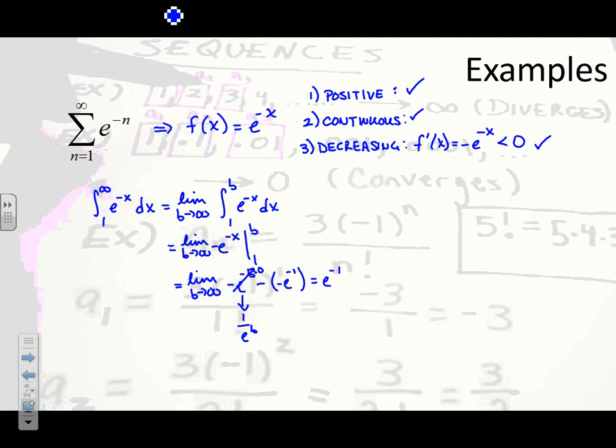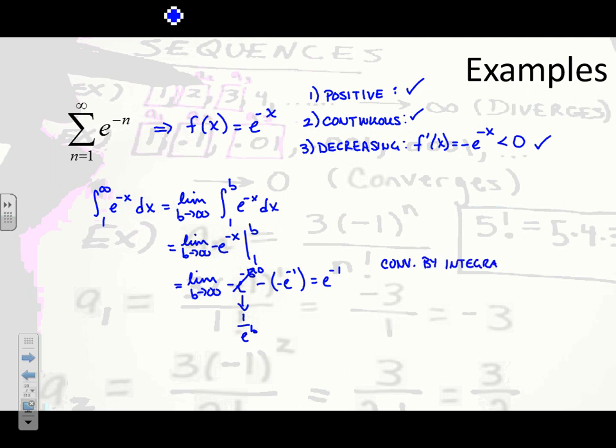Since our integral has an actual value, what does that mean about my series, e to the negative n? It converges. Once you've shown this, you say this converges by the integral test.